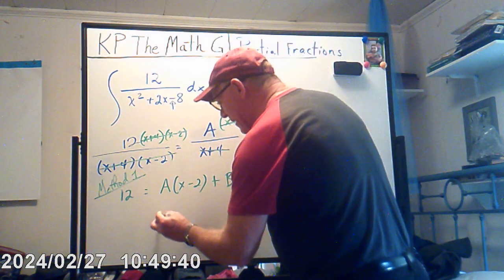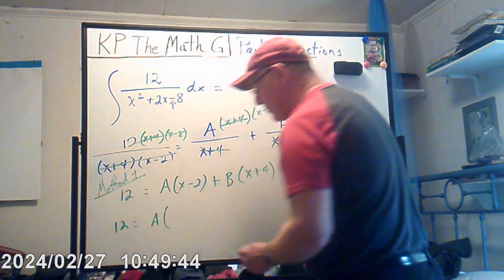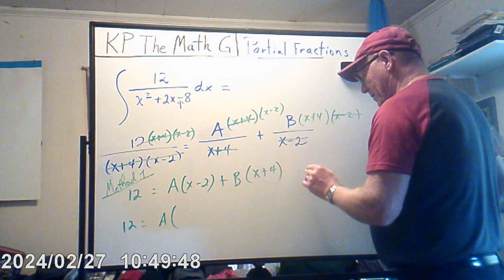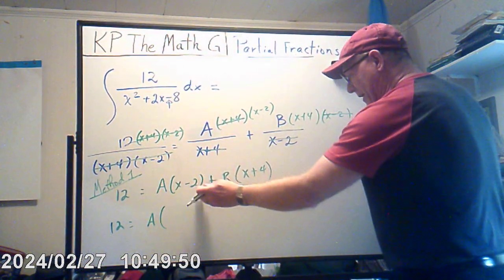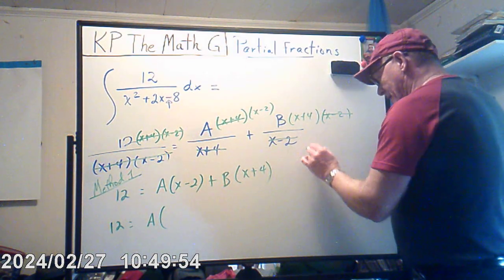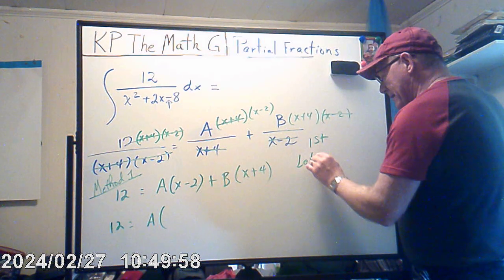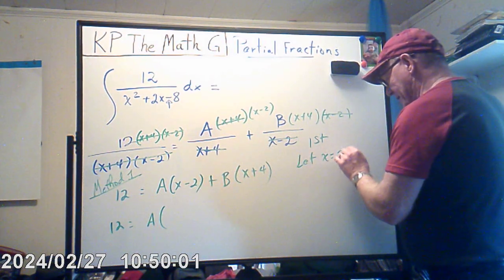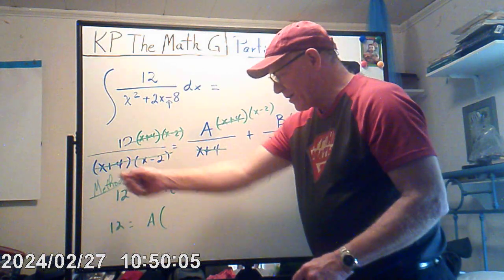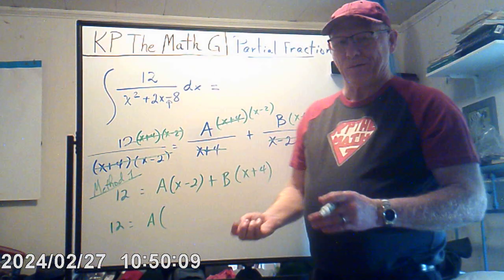Alright, so let's do this. 12 equals a times, let's make this one 2. First of all, we want one of these to be 0 so we can solve for the other one. So let's let x be 2. I just told you the denominators can't be 0, but this is the way we have to work it out to make it work for us.